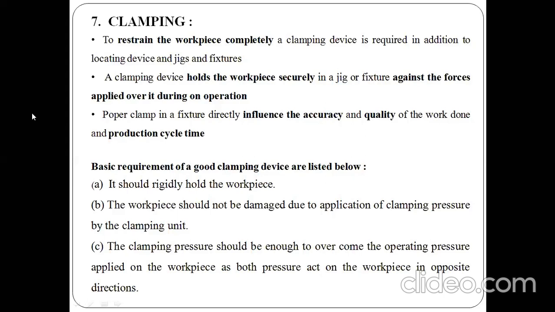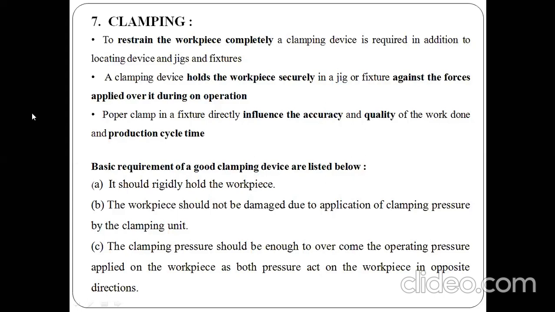As we studied in the last session, the 3-2-1 principle, we have to restrict the movement, linear movement plus rotational movement. If rotational movement is given to your component, then we have to restrict these motions to carry out proper machining operation, to get accuracy and to produce your component in minimum time for mass production.